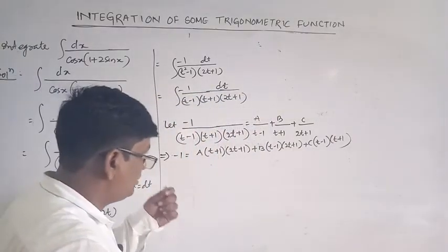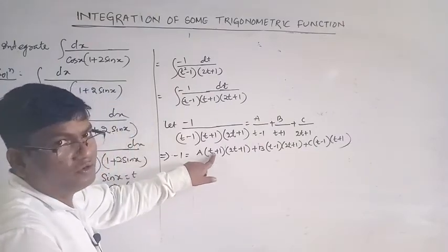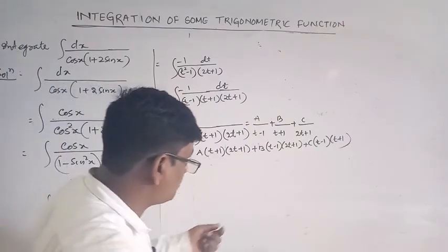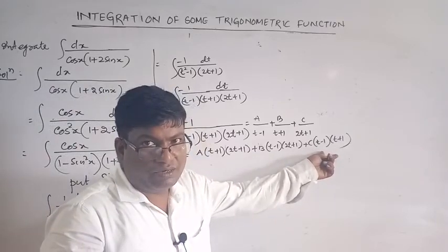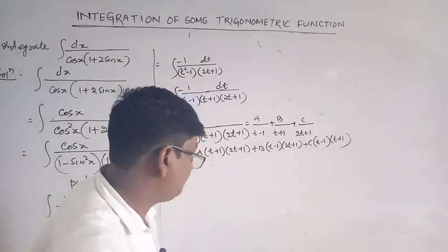Now eliminate. Suppose we have to eliminate c. So what do we put here? Put t equal to 1.